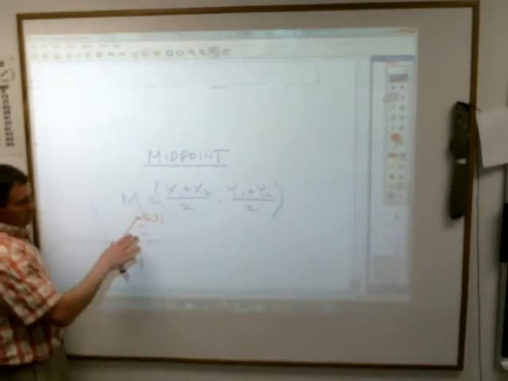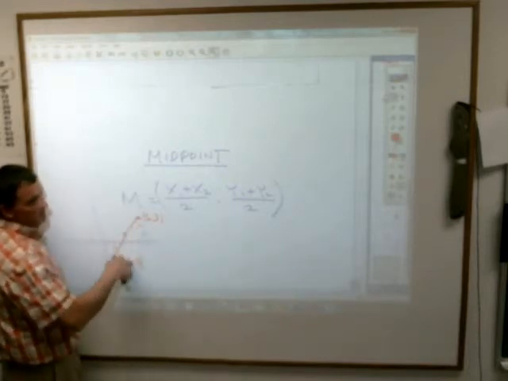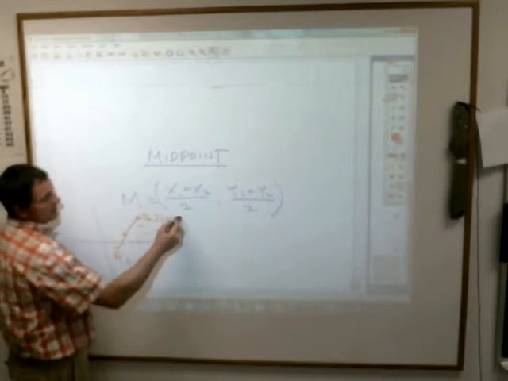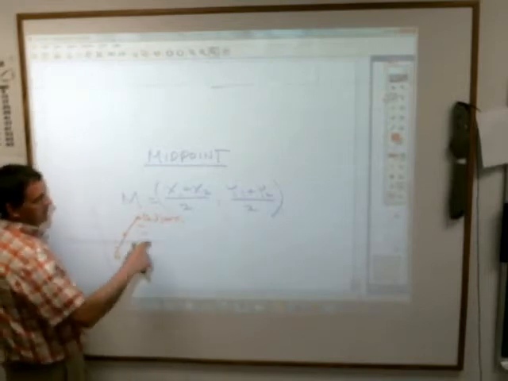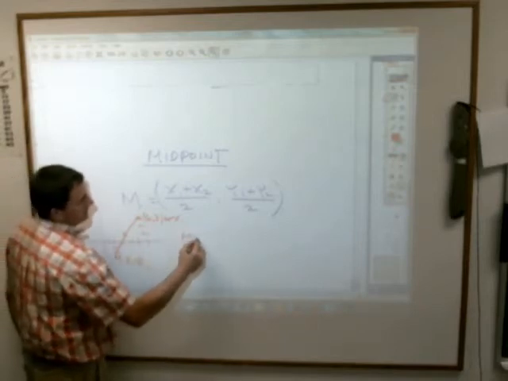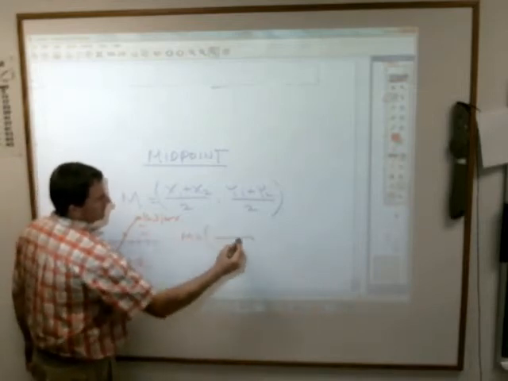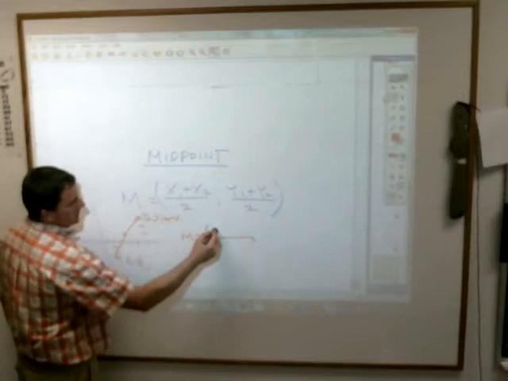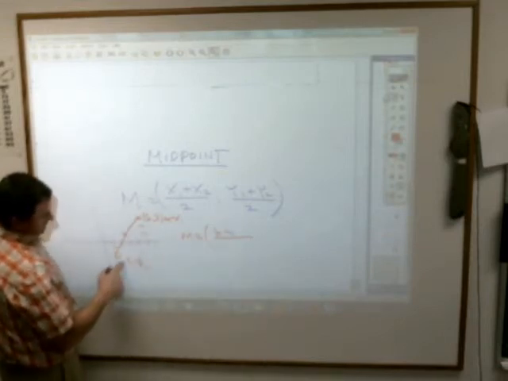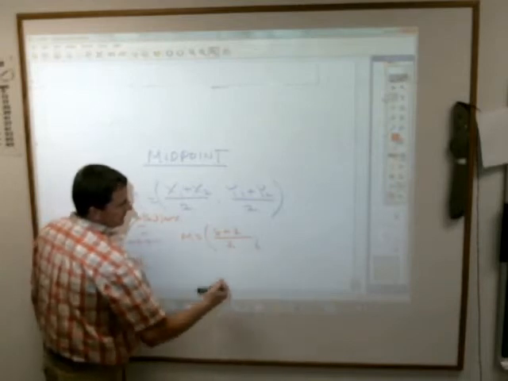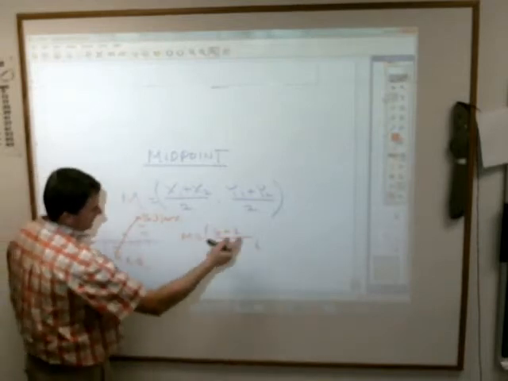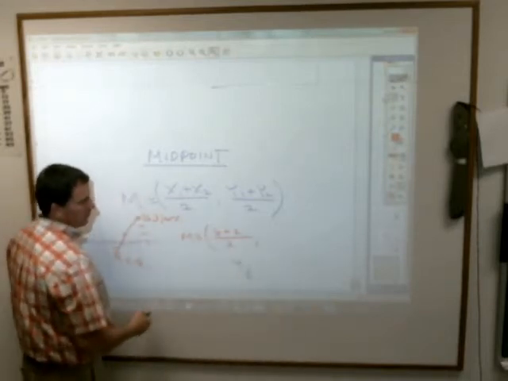So really, all you're going to do is this. Again, you need to pick which ones you want to be the sub 2s and the sub 1s. If I make this the sub 1s, and this one the 2s, I'm actually going to do it because I don't want to cut any corners here. x1 is 6, plus x2, which is 2, cut that in half. Which is 8. 8 cut in half is 4, that's my x point.